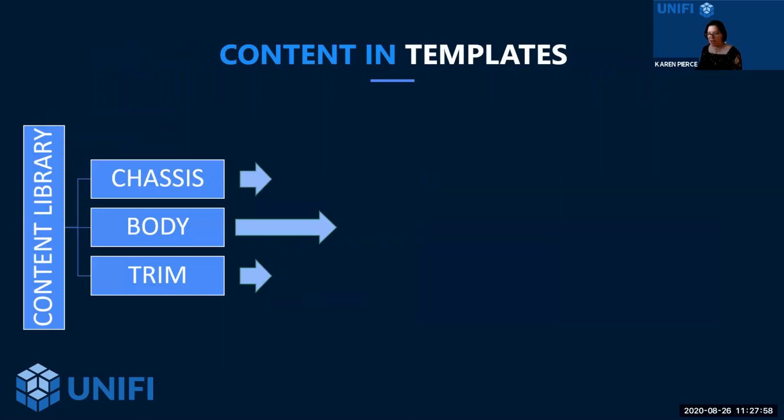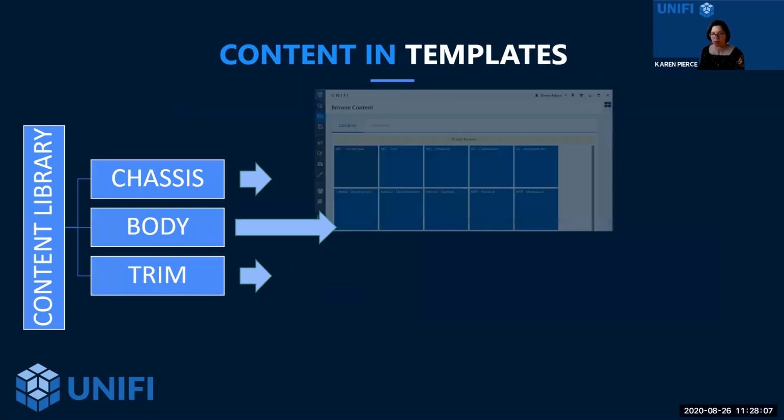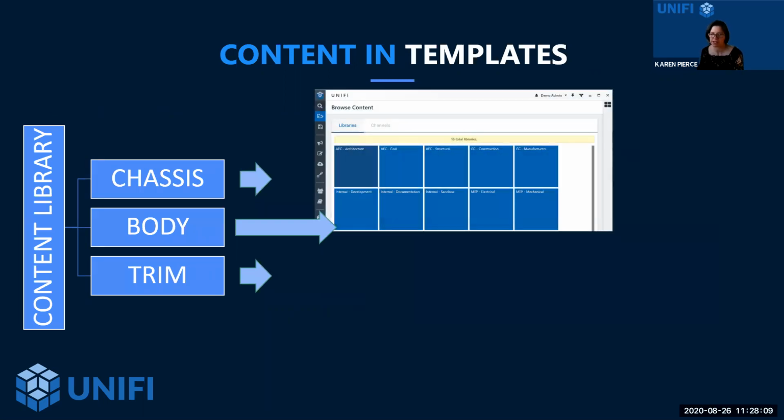So I touched on it before with really talking about the body and the trim and avoiding overloading your templates. So the reason for this is that with content in templates, if I think about my chassis, I can actually create different libraries for my content.